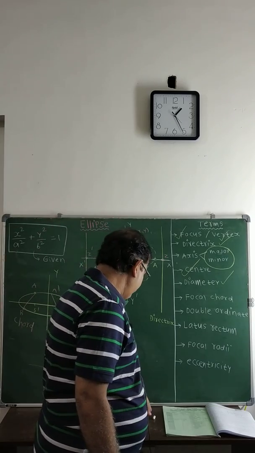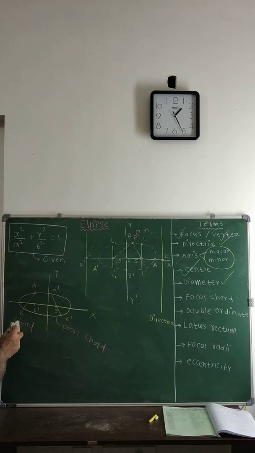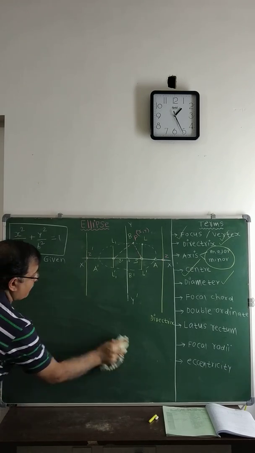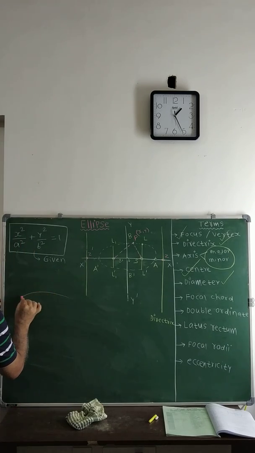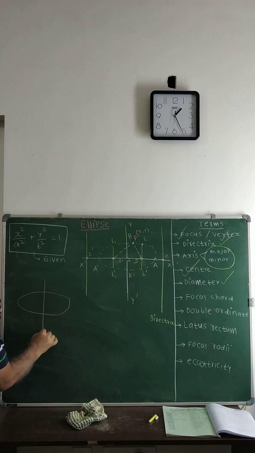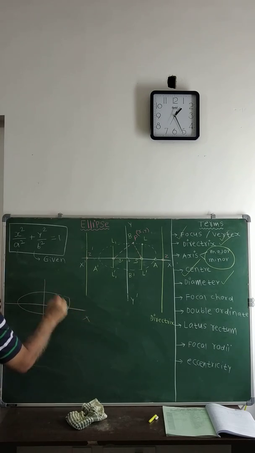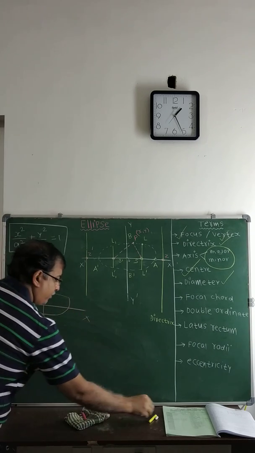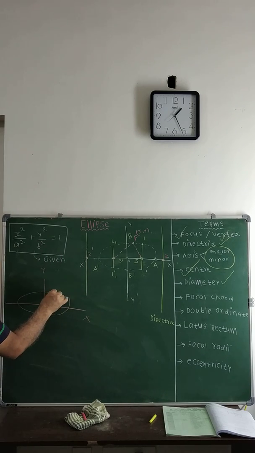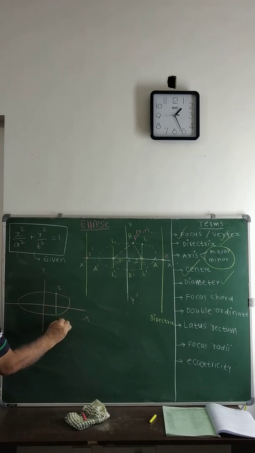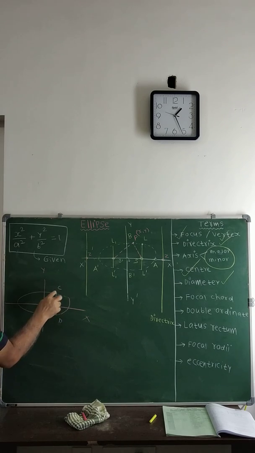Then comes double ordinate. Now double ordinate is basically, if let's say this is the ellipse here, x-axis, y-axis. If you draw any line perpendicular to the major axis, let's say CD, it is a line which is perpendicular to the major axis, then this straight line CD is called double ordinate.